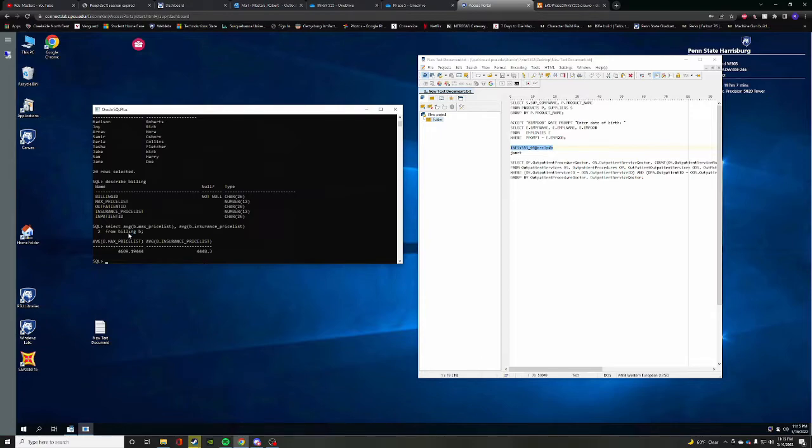We can also do another one here. Let's just do a lookup of patient medical history. This is a join between two different tables, so we're querying from confidential and patient.